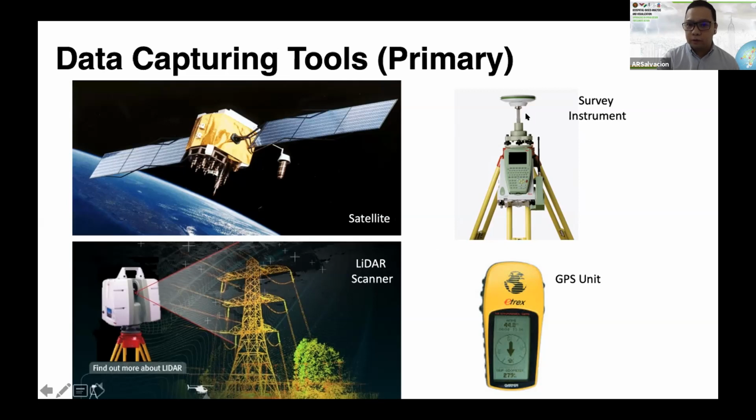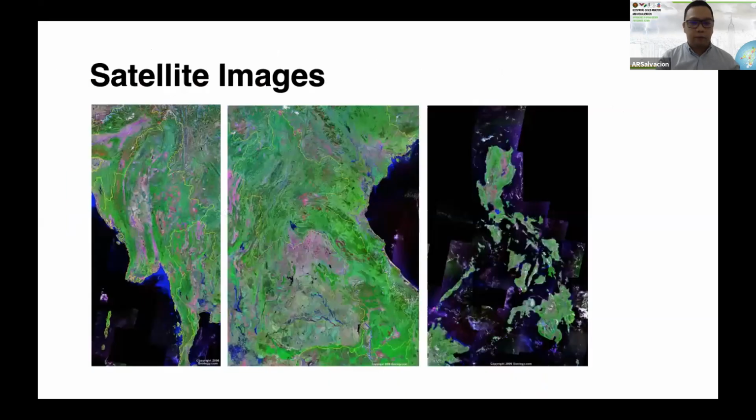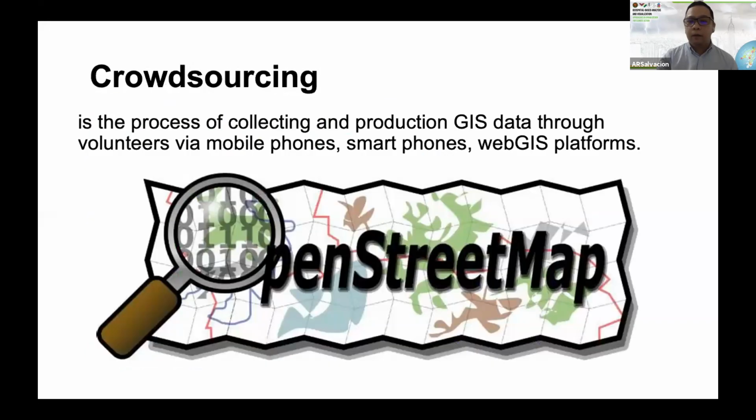Okay, so there's the total station, the survey instrument, and then the GPS. Before we used GPS units, but now I think most of the students have smartphones, and most of the smartphones have GPS receivers which you could use also to get data. Okay, so these are the satellite images, this example, and then also the crowdsourcing.